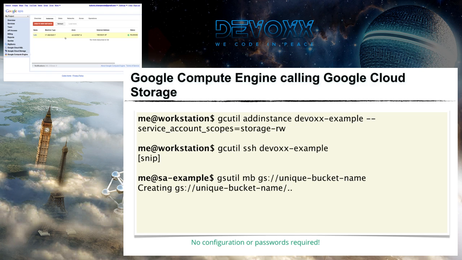So instances, here I have only one instance called Ludo, and I put it on my unique external IP that I have. But let's create a new one that I will call Devox 12, why not?